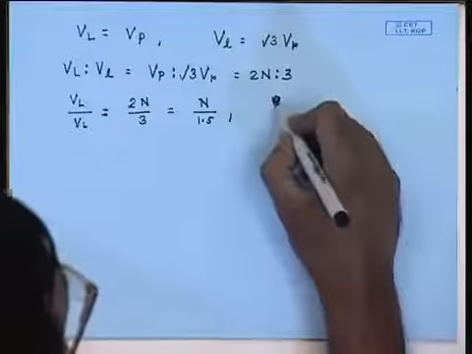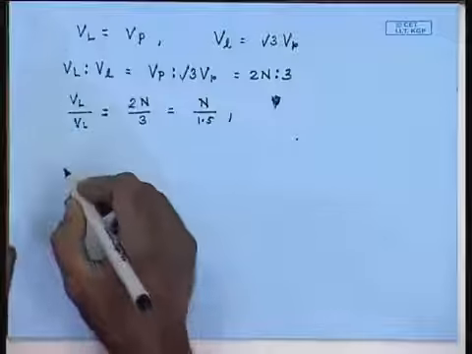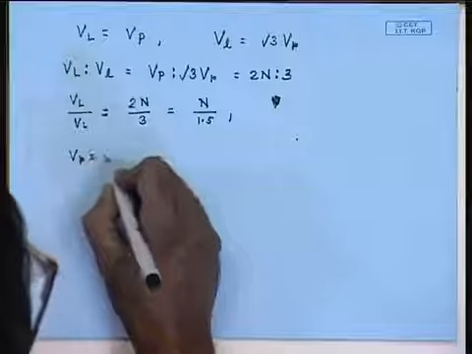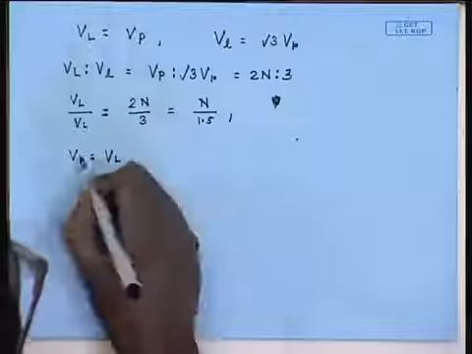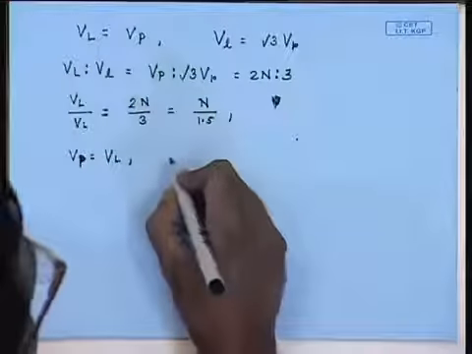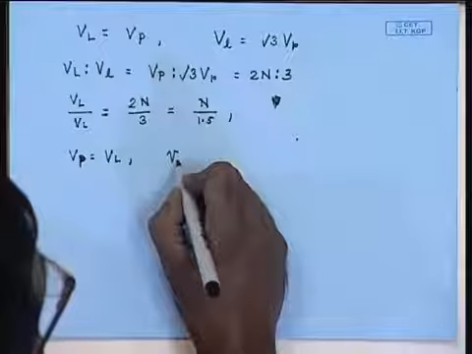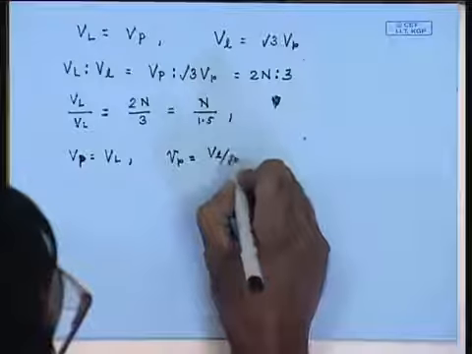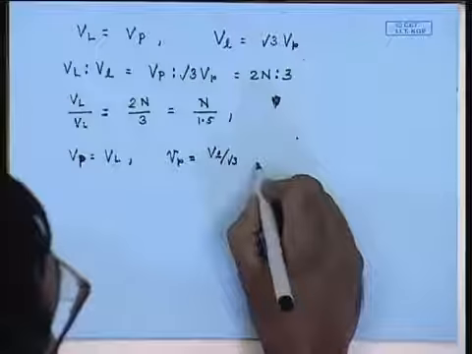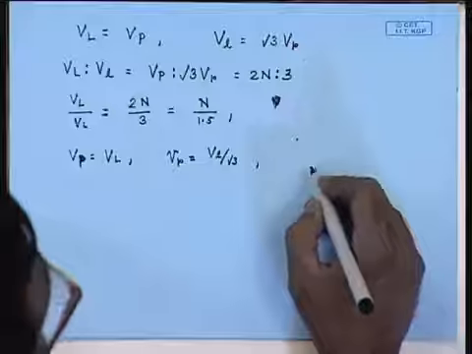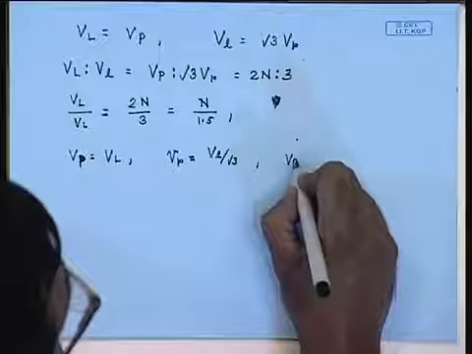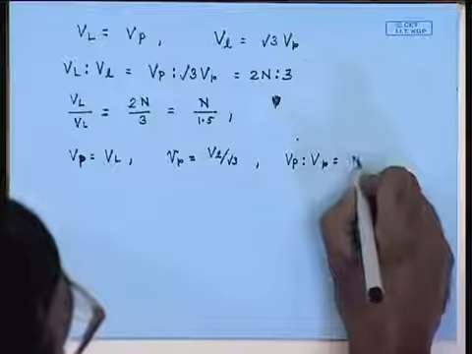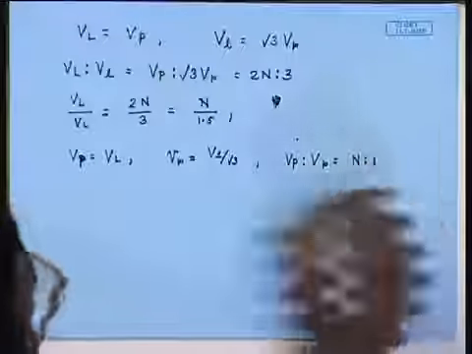For example, for a delta star connection, on the delta side Vp equal to VL. On the star side, Vp equal to VL by root 3. But for a delta star connection, V small p would have been equal to n is to 1.